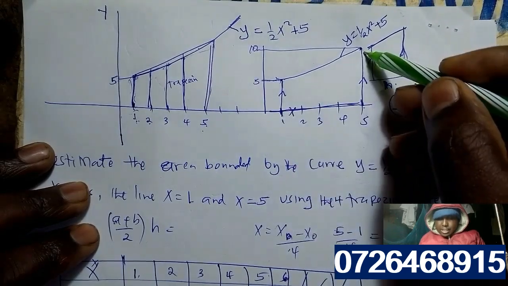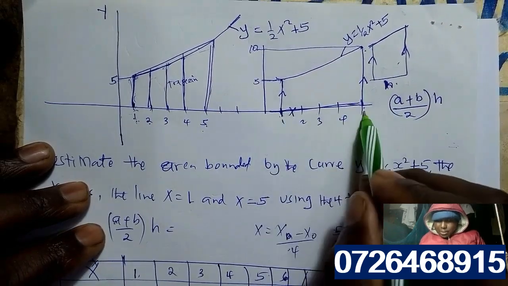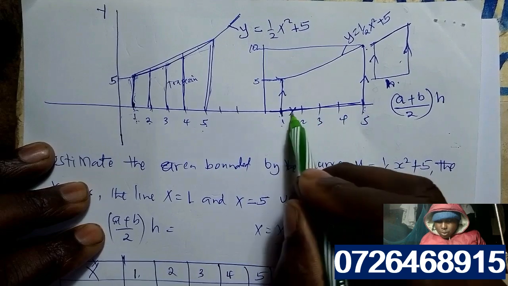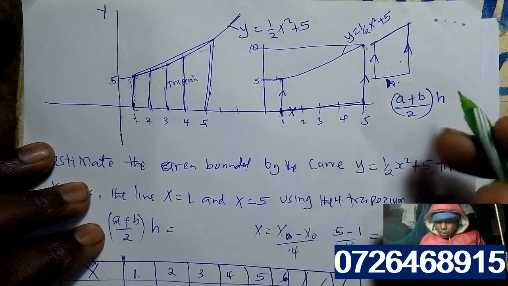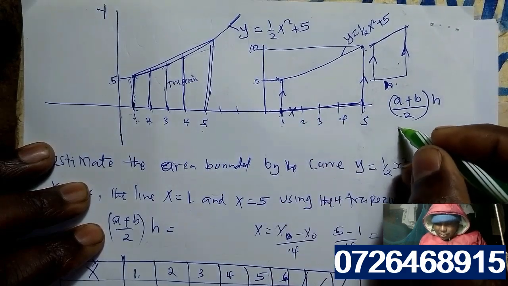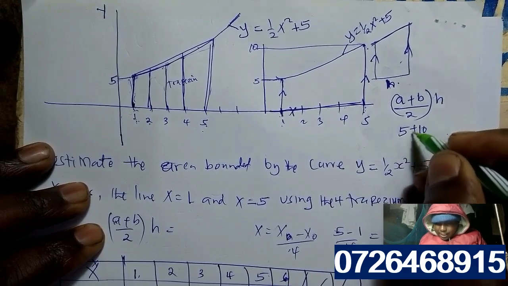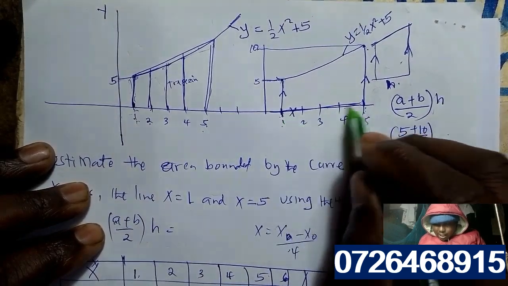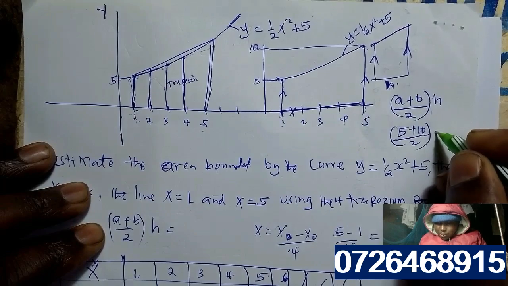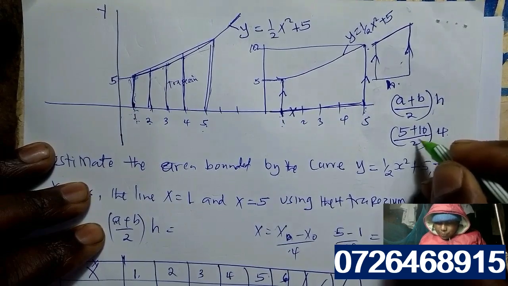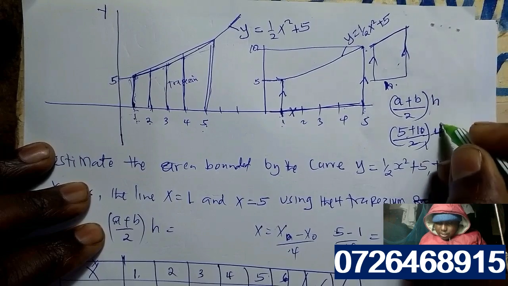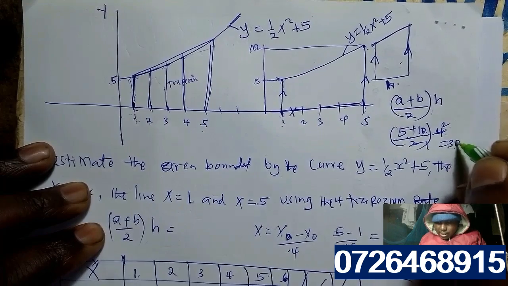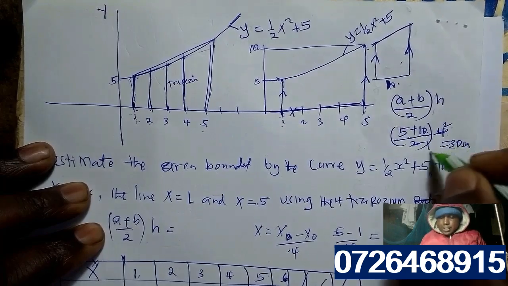From here up to here is 10. What is the height? Our height is going to be 5 minus 1, or 1, 2, 3, 4. So it is 4. So we just add, that is (5 plus 10) divided by 2 times height. Our height is equal to 4. So this is 15 over 2 times 4, so this is 15 times 2, and the answer is 30 square units.